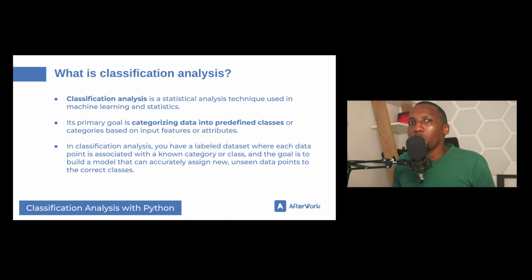So in a case where you want to determine whether a customer maybe will churn or not, or even whether the customer will pay a loan or not, then you can use the new customers' independent variables, information that you've collected about those new customers, and you can then try to predict, using that already trained model, the possible new value of the variable of interest, whether that new customer will churn or not. So it helps you to turn around the time it takes in terms of decision making in a really short period of time, in a matter of seconds, and you know exactly whether that customer will churn or not.